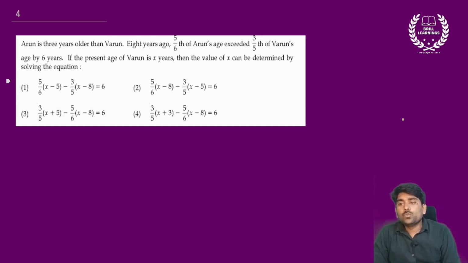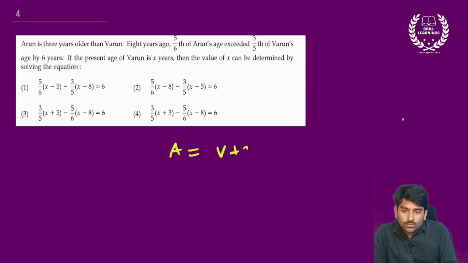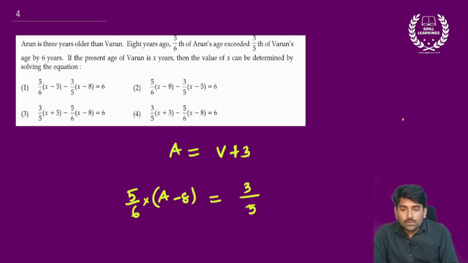Arun is 3 years older than Varun. Okay. Next, 8 years ago. That means I have to deduct 8 years from both Arun as well as Varun. So I have to deduct 8 years, and 5 by 6th of this value is equal to 3 by 5th of Varun's age, Varun minus 8 years plus 6 years.